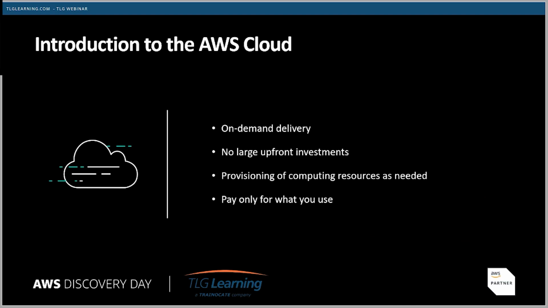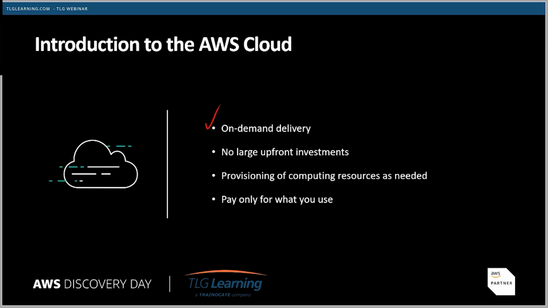But when we look at the cloud environment, there are these four points here. With cloud environments such as AWS, we have many different services. There are about 200 different services with AWS, and it allows us to have on-demand delivery.